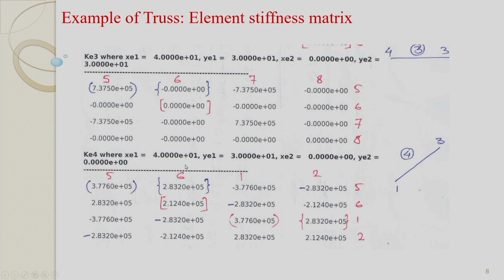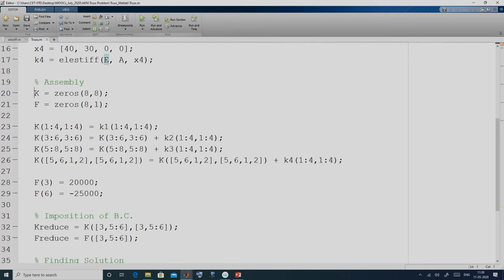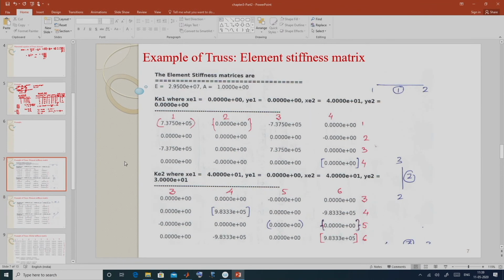During assembly, individual element stiffness matrix will be entered in the position corresponding to this global degree of freedom. So, first we assign this 8 cross 8 zero matrix, then K1, because it is the first assignment. So, I am directly assigning 1 to 4 and 1 to 4. You can see for first element, these are the global degrees of freedom.